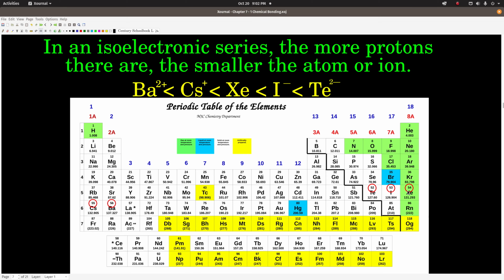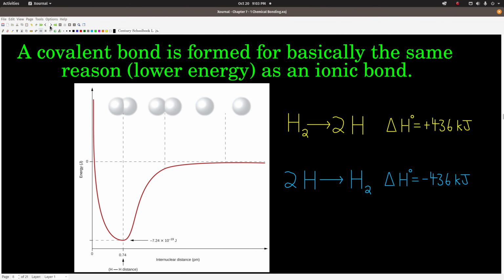And again, it's because the more protons there are in the nucleus, the greater the effective nuclear charge, particularly because there's the same number of electrons. So barium with a +2 charge has 56 protons, cesium has 55, xenon 54, iodine 53, tellurium 52. And so barium ion is the smallest, telluride ion is the largest in this isoelectronic series.